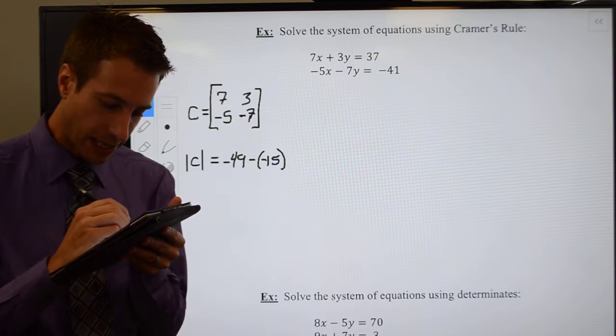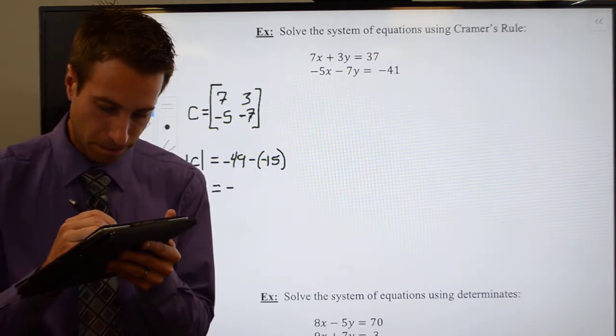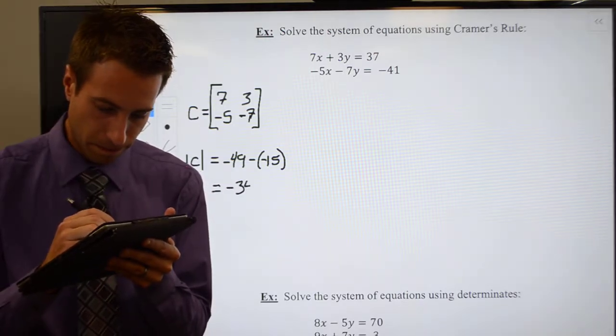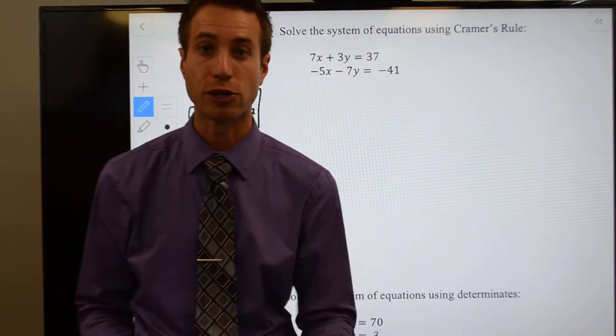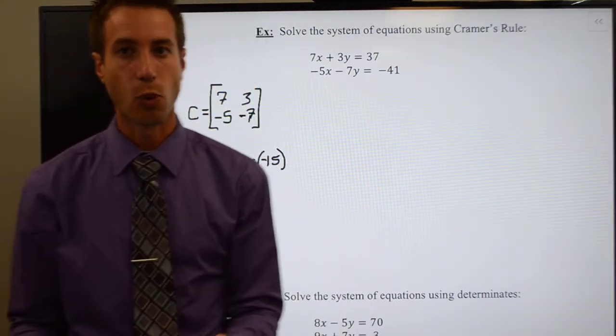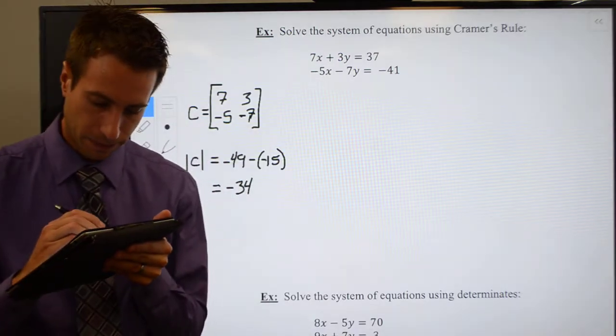Add the opposite, and I wind up getting -34. Now that I have the determinant for my coefficient matrix, set up the x, set up the y, set up the ratios for the x and the y, and you're all set.